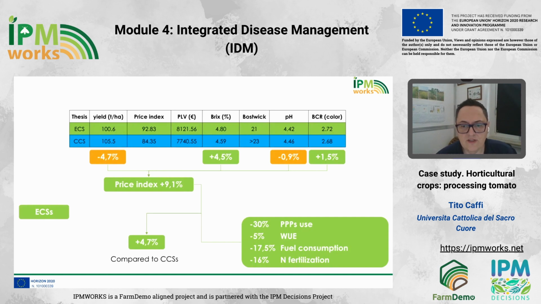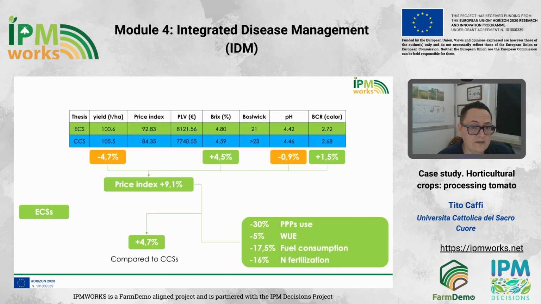We also managed fertilization, irrigation, and so on differently, but I would just like to show you some results about this testing. The yield was more or less the same, even if a little bit less in terms of tons, but if you look at the quality, the Brix is 4.5% higher, a little bit less acidity with the pH, and a little bit more in terms of color.